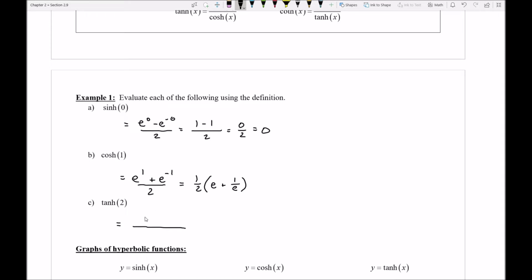If I wanted to do something like the hyperbolic tangent of 2, no big deal. I'm just going to do my hyperbolic sine and put that in the numerator, and then I'll divide by my hyperbolic cosine in the denominator. So let's see, this would be e to the 2 minus e to the negative 2. Remember, sine subtract. e to the 2 plus e to the negative 2.